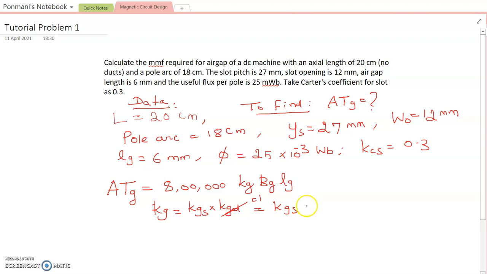And what is the Kgs formula? It is Ys by Ys dash, where Ys dash is Ys minus Kcs into Ws. Ws is the width of the slot, or slot opening, which is W0.